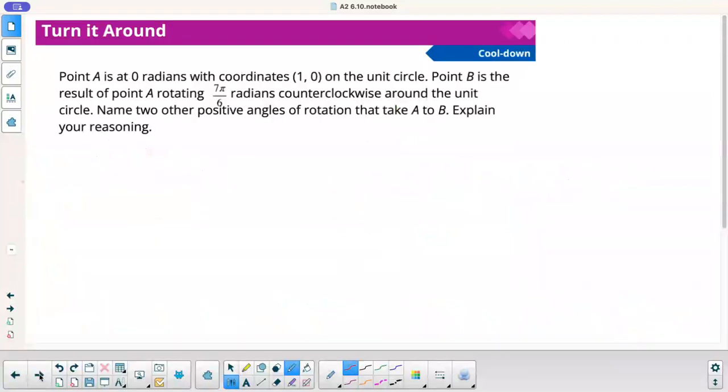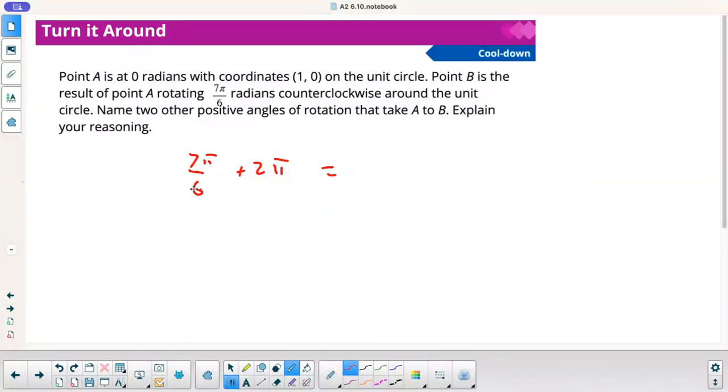All right, point A is at 0 radians with coordinate 1, 0 on the unit circle. Point B is the result of point A rotating 7 pi over 6 radians counterclockwise around the unit circle. Name 2 other positive angles of rotation that take A to B. So really, you could just add 2 pi or subtract 2 pi.